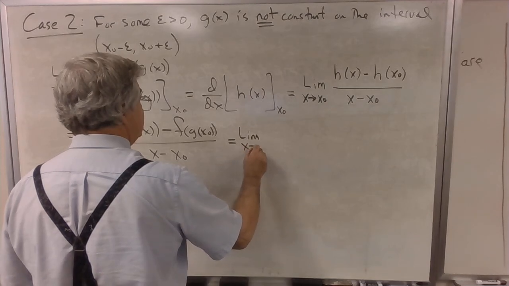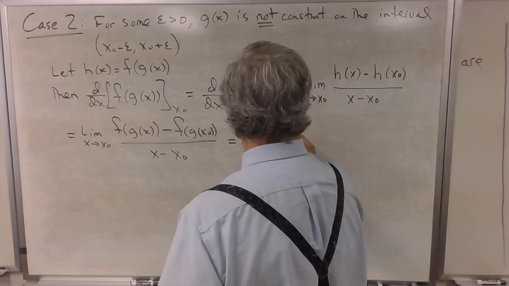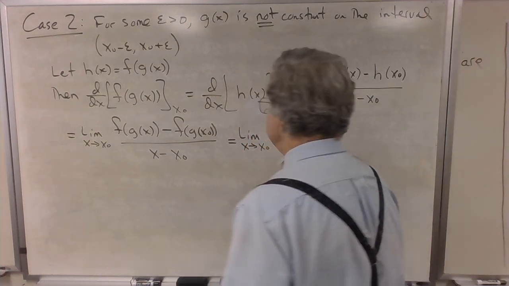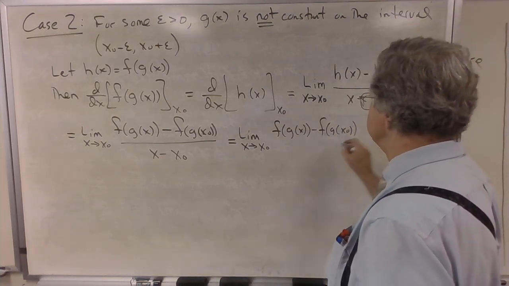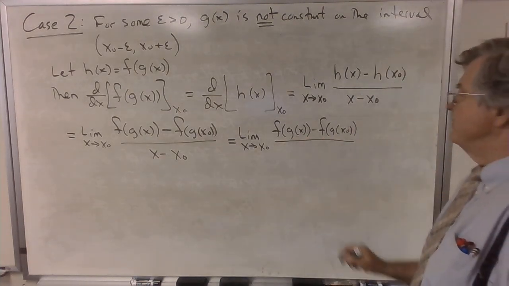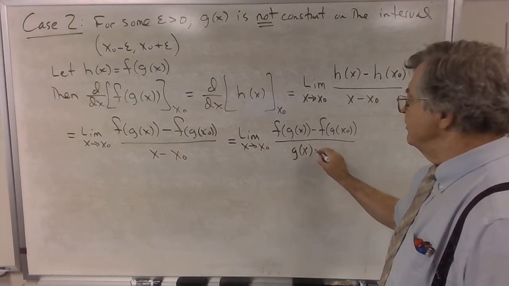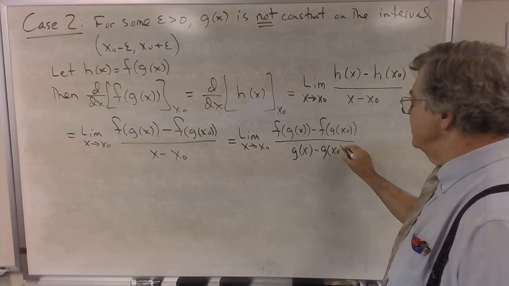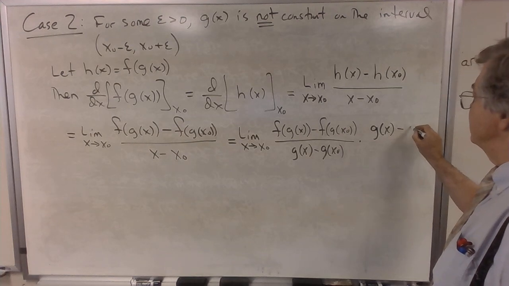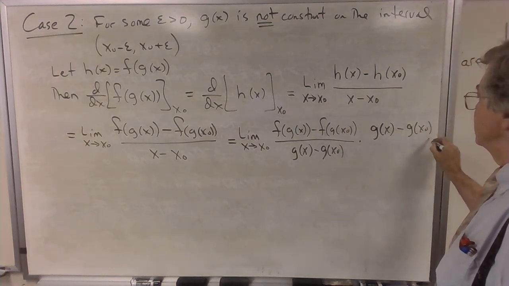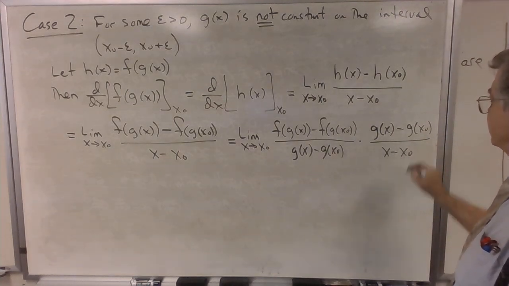The limit as x goes to x naught of f of g of x minus f of g of x naught over g of x minus g of x naught, times g of x minus g of x naught, all over x minus x naught.